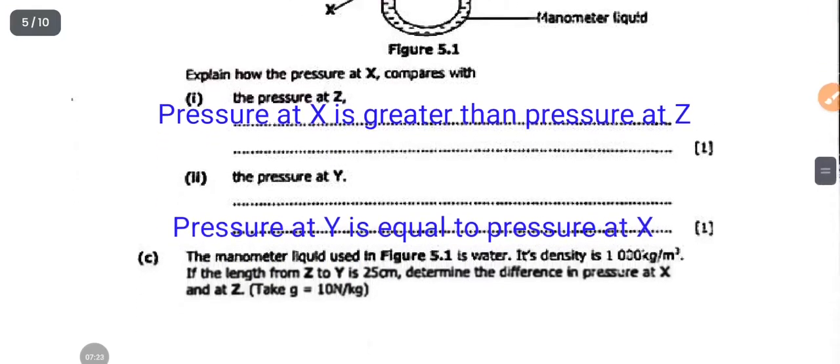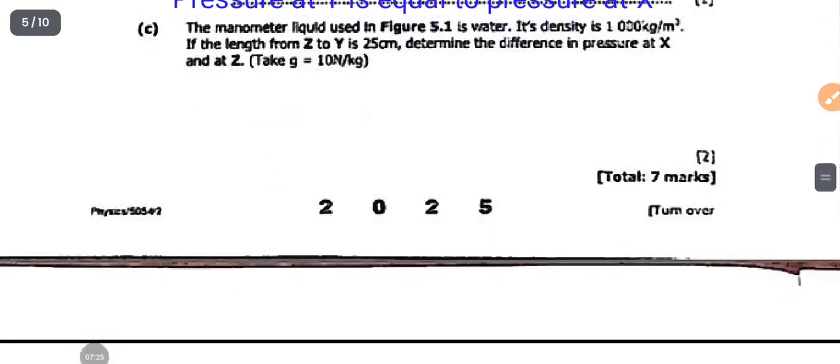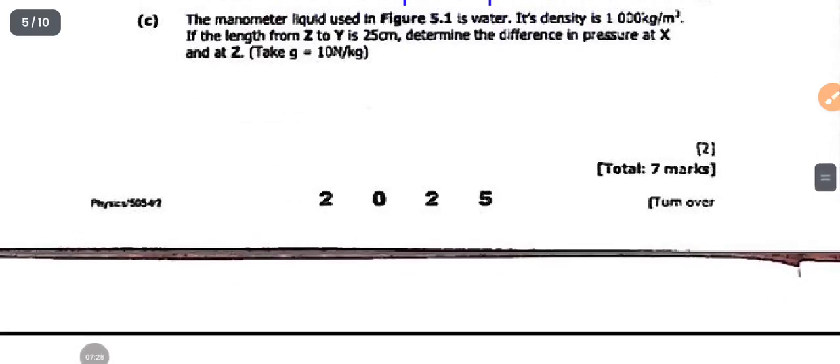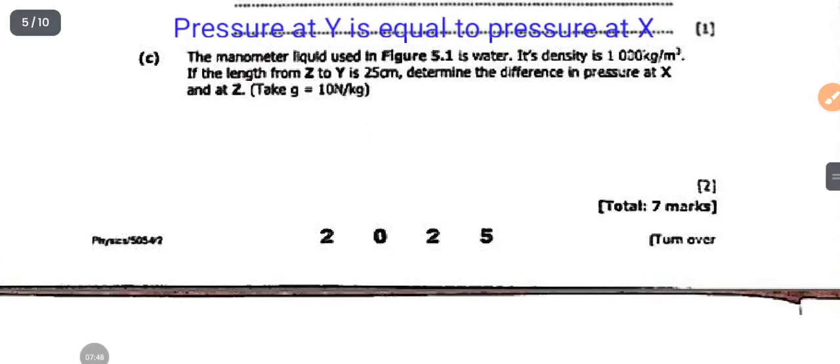Question C. The manometer liquid used in figure 5.1 is water. Its density is 1000 kg per meter cube. If the length from Z to Y is 25 centimeters, determine the difference in pressure at X and at Z, taking g to be 10 newtons per kg.